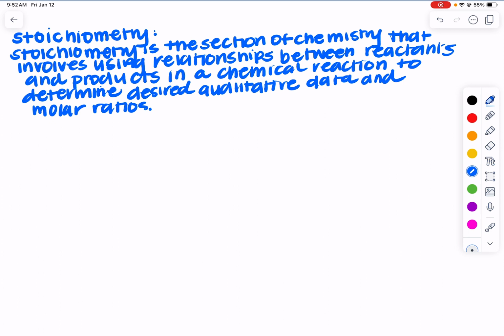And this is really the big thing in stoichiometry, is this idea of molar ratios, okay?